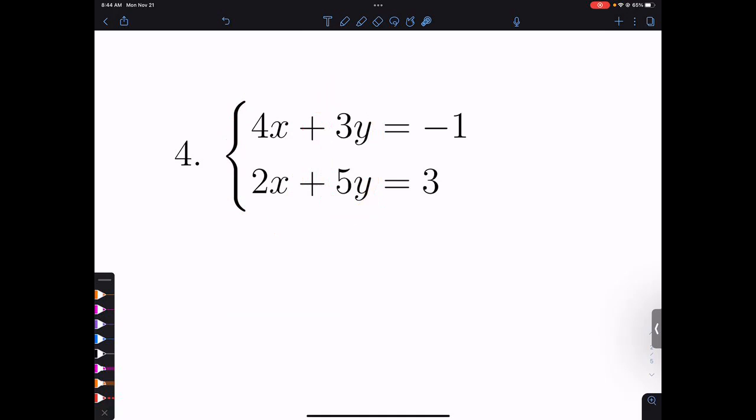I mean, not really, but is either one of them going to be a little smoother than the other? Probably x, because 4x and 2x, I can see a little more clearly how to scale those to get them to match, right?